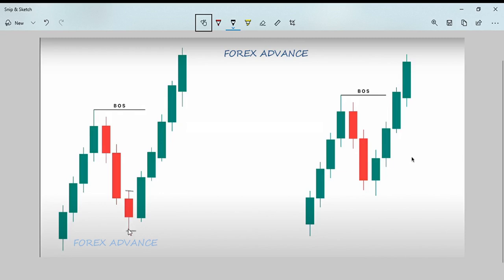If this candle and the third candle have a gap between them, which is called fair value gap or imbalance, then this candle is your order block. And if this candle has a wick like that and there is no imbalance here, then this candle is not your order block. Then we will look for the order block in the next candle.